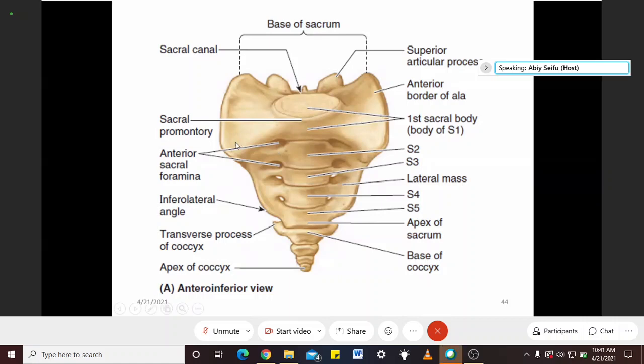So when the weight has already been transferred to the hip bones, the size of the bones diminishes, and the inferior part of the vertebral column, that means the coccyx, has almost no contribution in receiving weight, especially in standing position. When you are sitting, it may receive some weight, but it is used primarily for the attachment of muscles and ligaments, specifically the muscles that form the floor of the pelvic cavity.